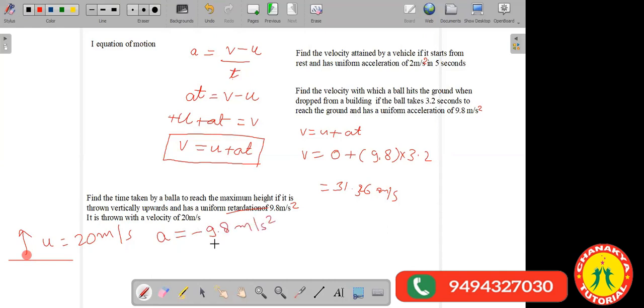As the ball moves up, its velocity decreases, and a time will come when its velocity becomes zero. So here the final velocity is zero, and now I can use the expression v equals u plus at.